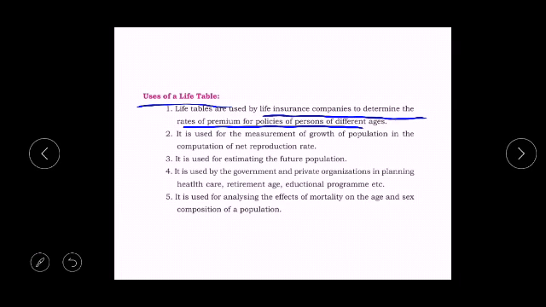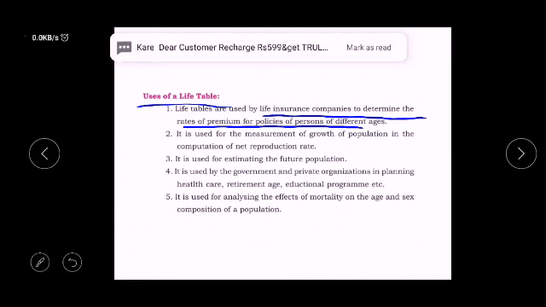The life table tells what the risk is at a particular age or age group. The risk of dying in the 60 and above age group is more, whereas at 50 to 60 years the risk is moderately less, and at 40 to 50 years again it is less. But at 25 to 40 years, the risk is very low.